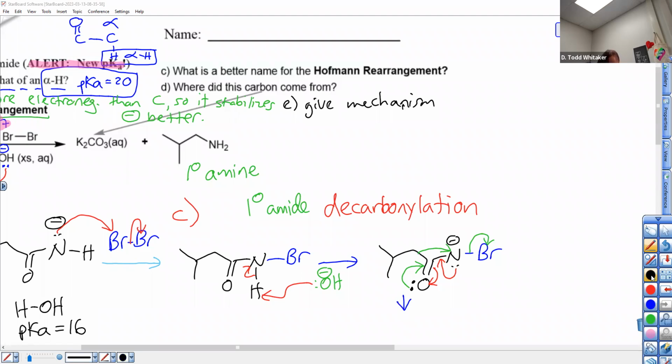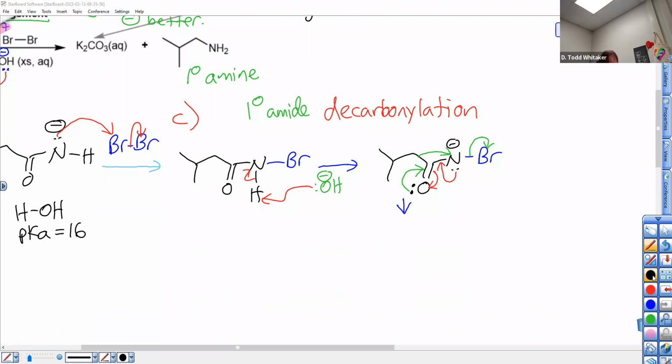So do you agree you still have a carbon with a double bond to oxygen? We broke the pi here, we remade it here. So that's going to be sticking off the end, O to a carbon. Now, how many bonds does the carbon have to nitrogen? Carbon to nitrogen.